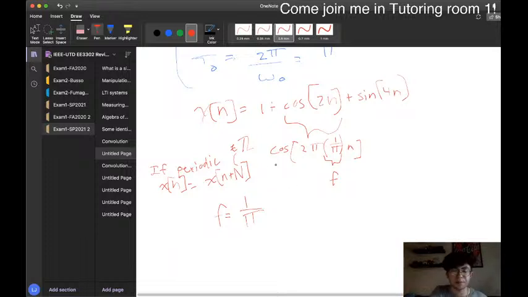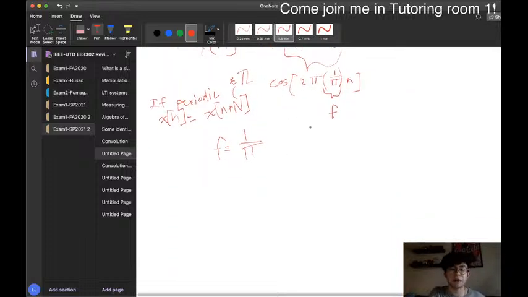Yeah, but in order for that to happen, all of the components need to have a fundamental frequency which is rational. So it needs to be equal to a over b for some integers a and b, where b is non-zero. So this needs to be rational.